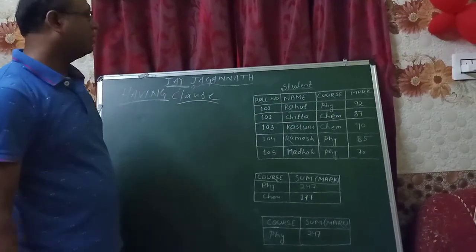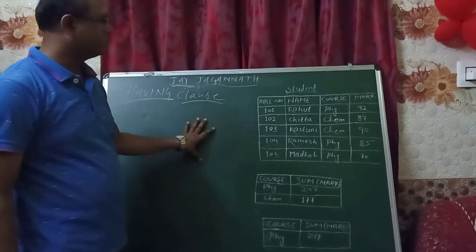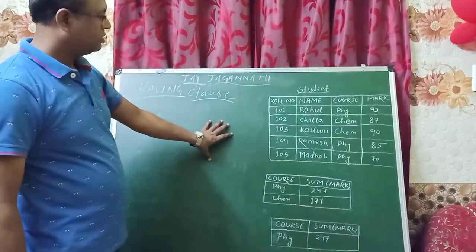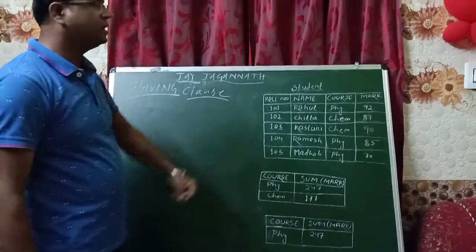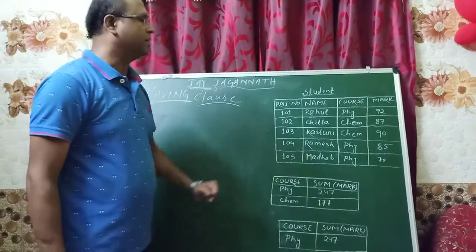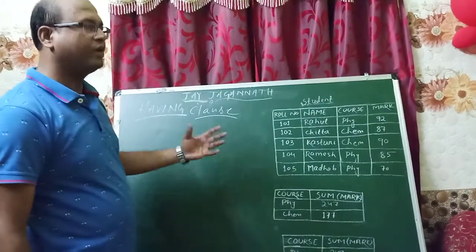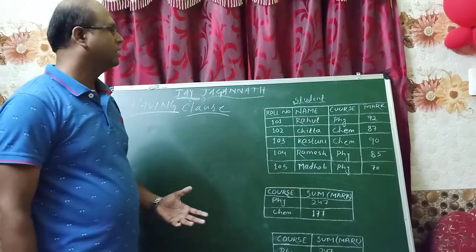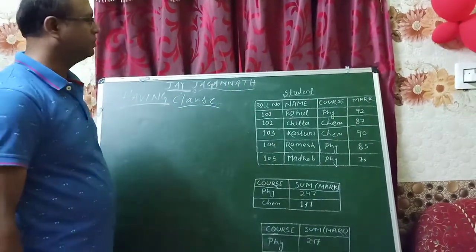In our previous class, we used the where clause, and the where clause is used to mention a condition at the time of retrieving some data from the database. Where clause is used to filter or to restrict the accessing of data from the table.